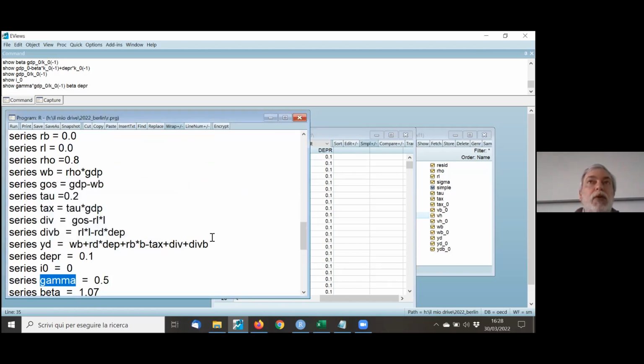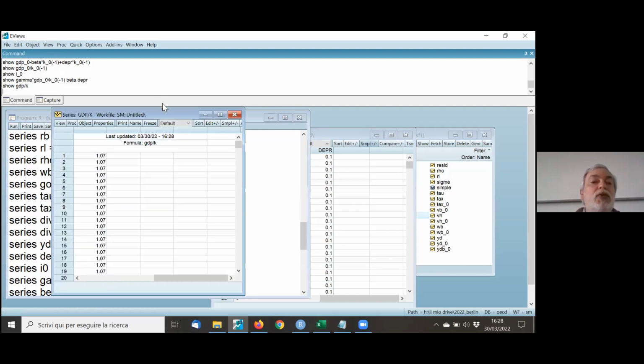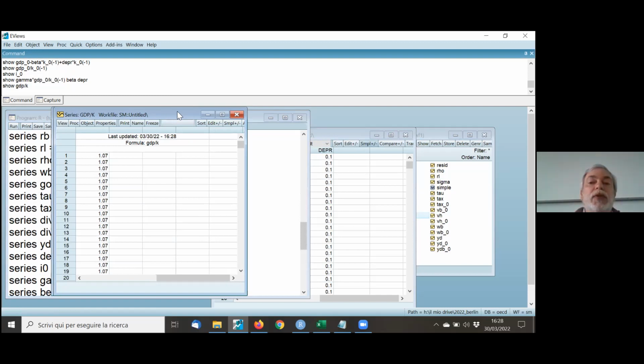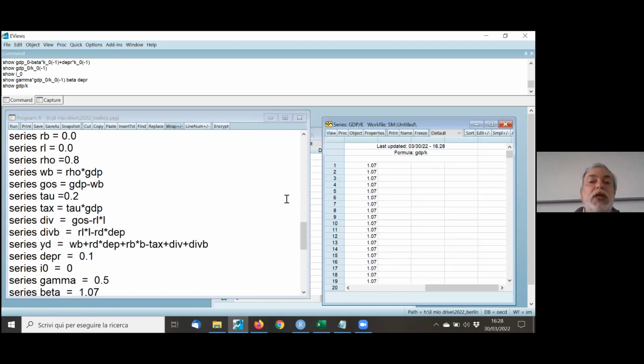But when you define 0.5, that is too high. Now this should be a growth rate, so 0.5 is not in the right range. GDP over K at the beginning is 1, so what we want to achieve is a growth rate of 0. 0.5 is a 50% growth rate, so it doesn't make sense.